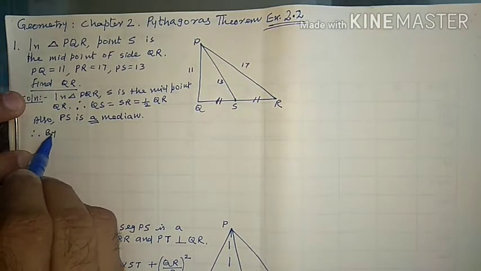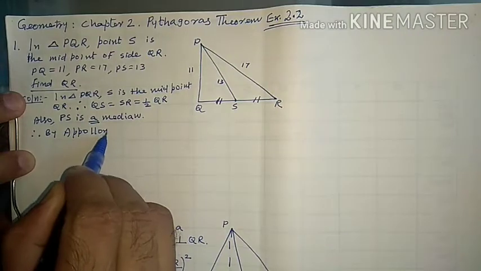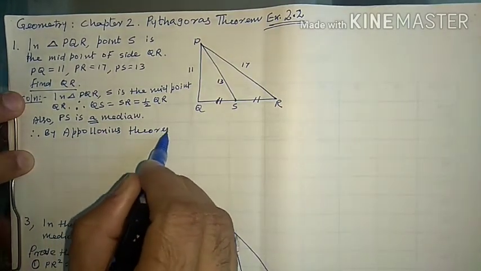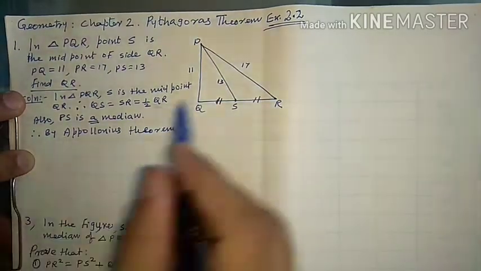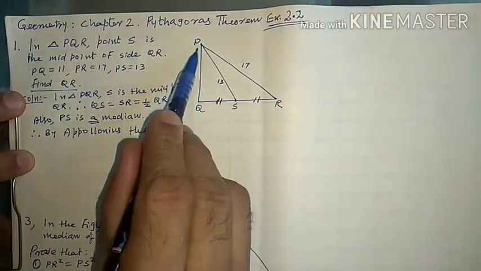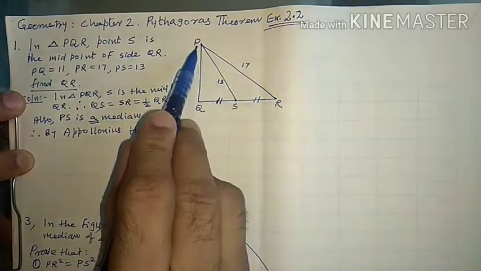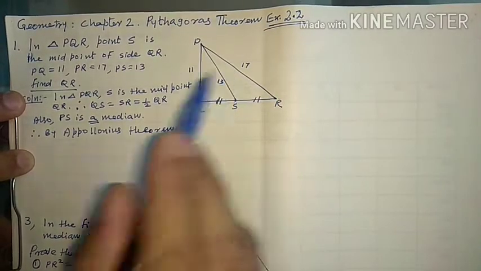Therefore, by Apollonius theorem, what does it say? PQ square plus PR square is equal to twice PS square plus twice QS square.